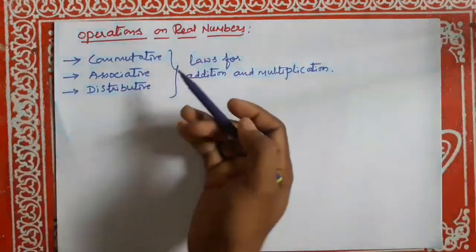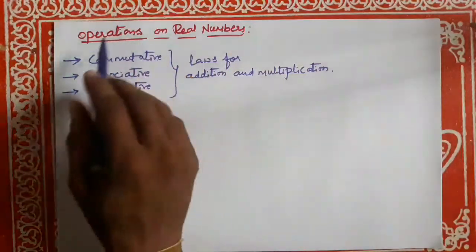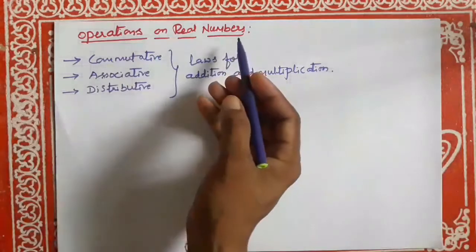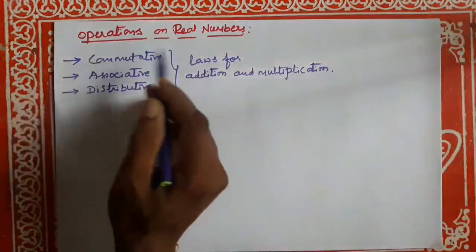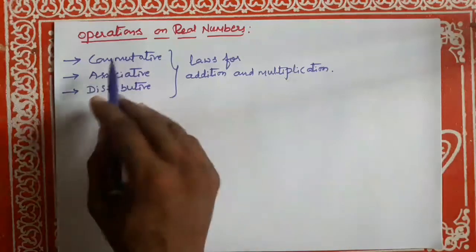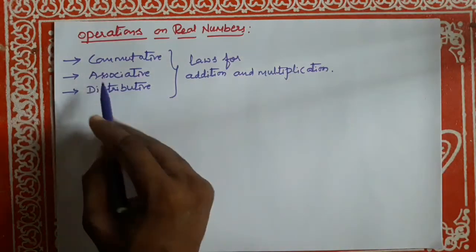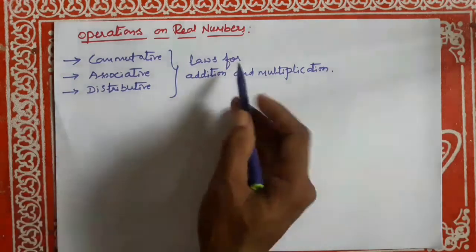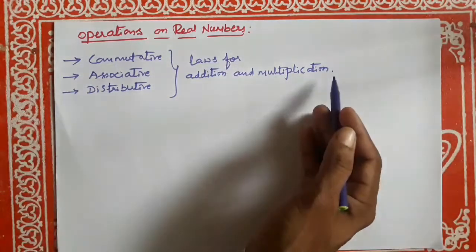Dear students, today in this class we have to discuss operations on real numbers. You have learned in earlier classes that rational numbers satisfy the commutative, associative and distributive laws for addition and multiplication.